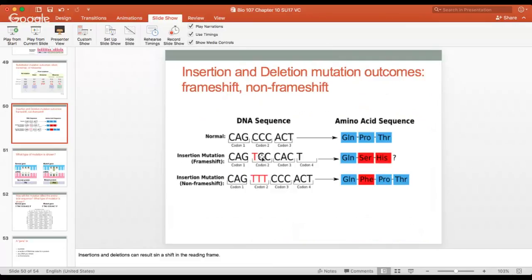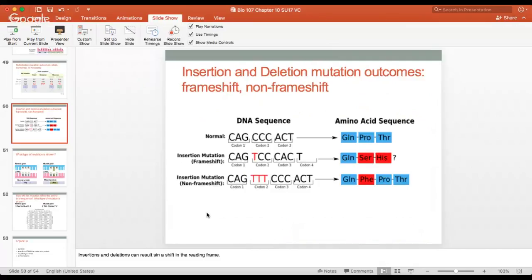So it's actually got two of the C's right here, and the next C is in the next codon. So now instead of having CCC, we have TCC and then CAC, and then this T is over here by itself, which changes our amino acid sequence from GLN PRO THR to GLN SER HIS, which is a very different sequence than we started with.